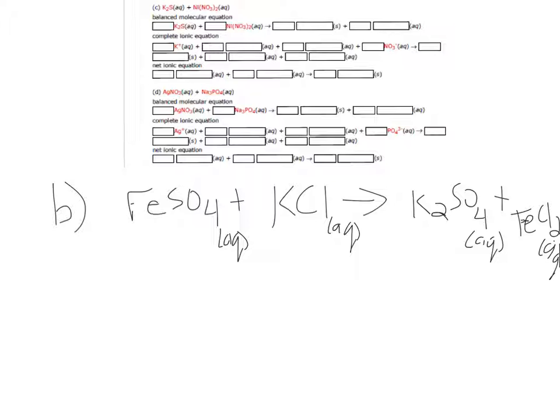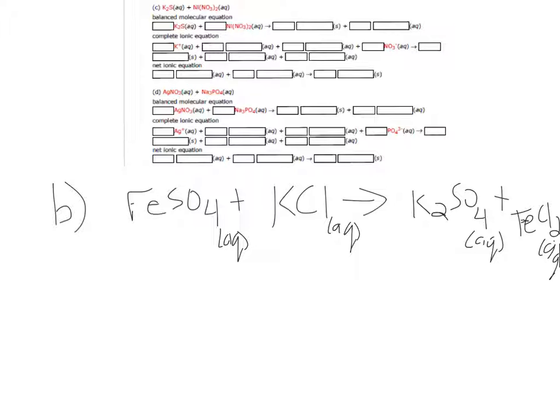Now, even without fleshing out the rest of the equations, I know that if I have two aqueous solutions reacting together into new combinations of ions to form other aqueous solutions, then there's not going to be a precipitation. And if there's not a precipitation, then there's going to be no reaction. However, let's go through this to prove it.